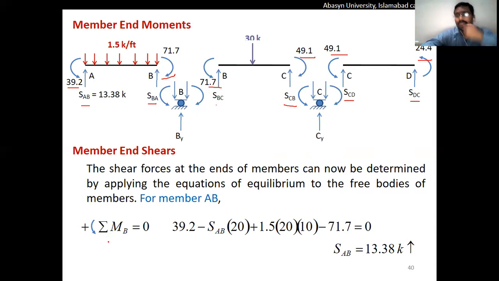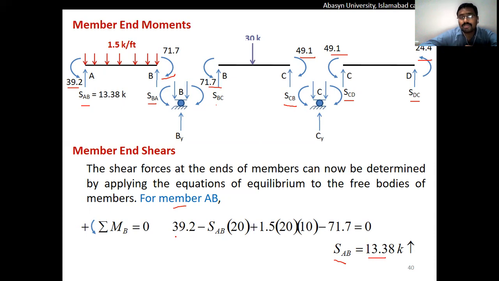In order to calculate that shear, we have to apply the moment equation on the particular member. For example, for member AB, when we put the sum of moments at point B equal to 0, we find the value of shear AB as 13.38 kips. A positive value indicates that the shear is in the upward direction.